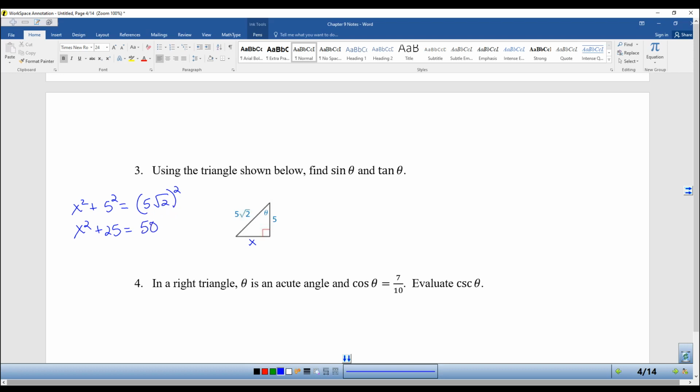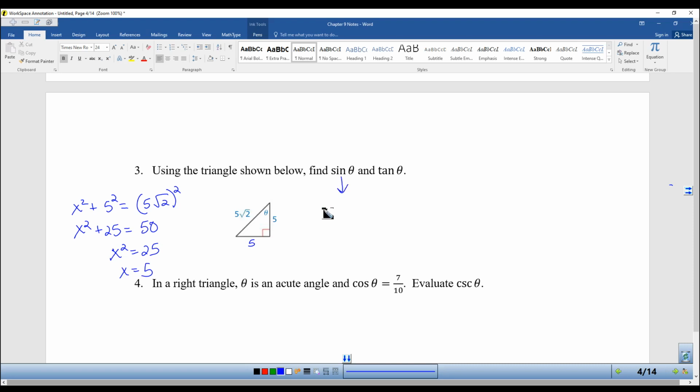So this becomes 50. And then you have x squared is equal to 25, x is equal to 5. Not a Pythagorean triple, because you still have that 5 square root of 2 hypotenuse, but at least the other side came out nice.